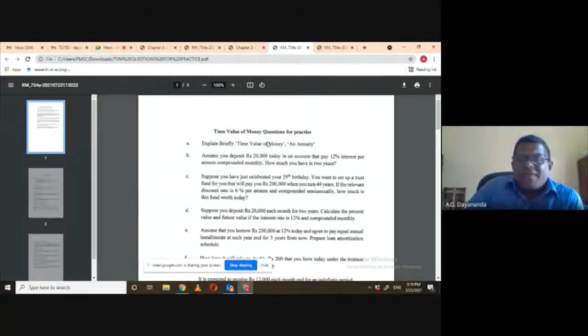But when you describe it this way, you have to talk about an equal amount of money. When I get 100 rupees today, and I have an alternative to get another 100 rupees, either today or tomorrow, my preference is for today's 100 rupees. That is called time value of money.